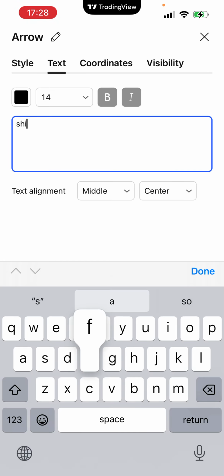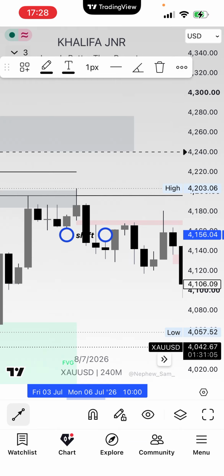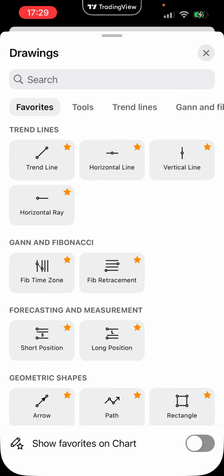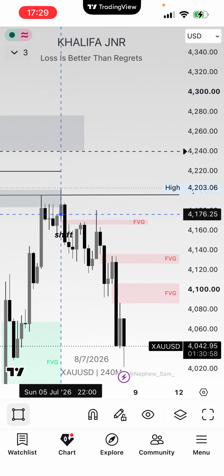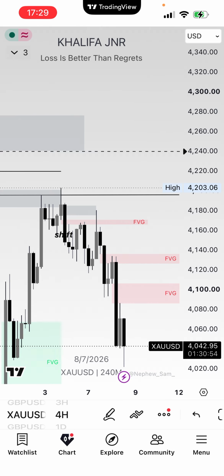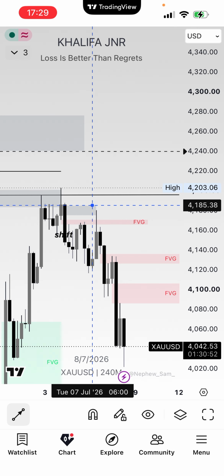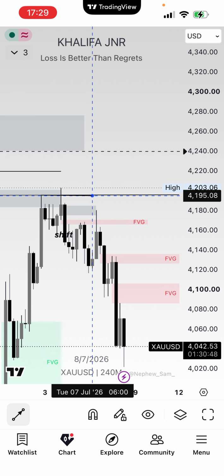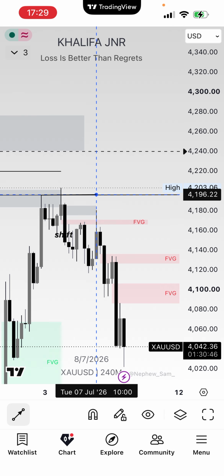That tells me we're about to go downside. Then it used this order block for the first sell. And do not forget, it swept the high. So this is a very clean confirmation that we will be going downside very soon.